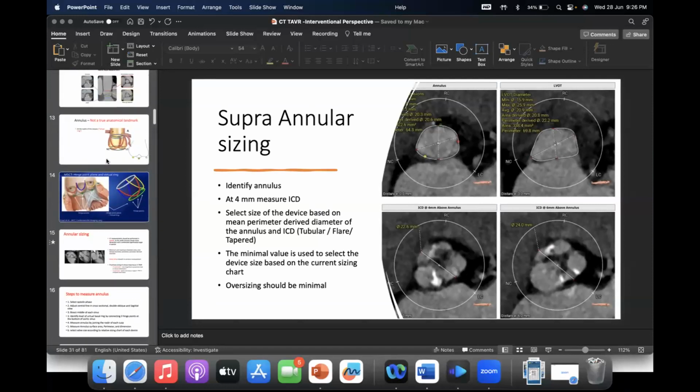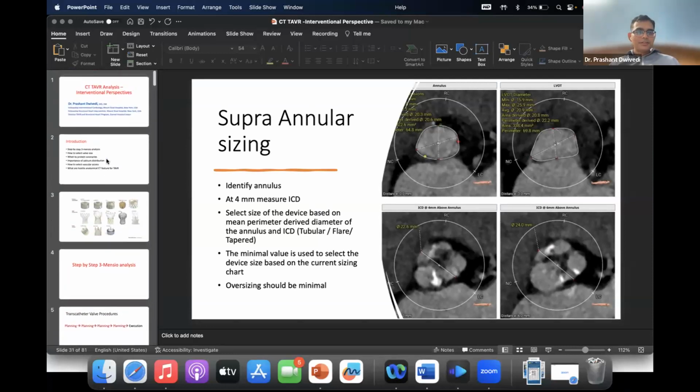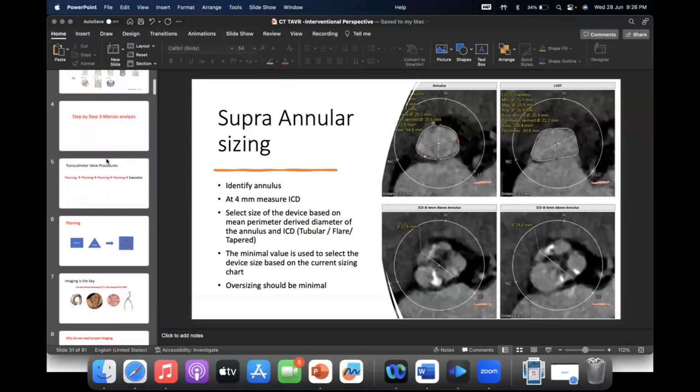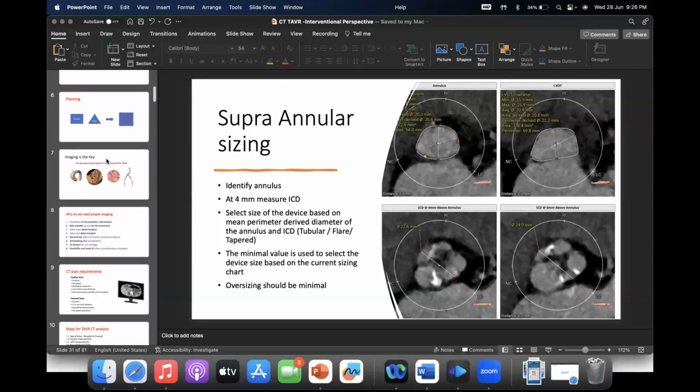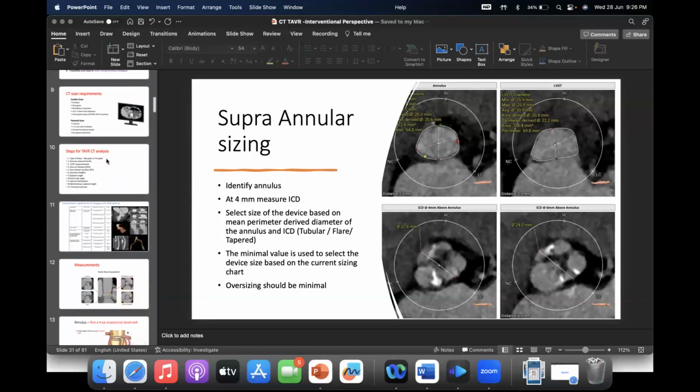I mean, we are doing it on our scanners. We do the processing, and I'm sure all the interventional cardiologists do it on 3mensio. I mean, what is your experience? What is the percentage variability? Because most of us do not have a dedicated aortic valve measurement software.